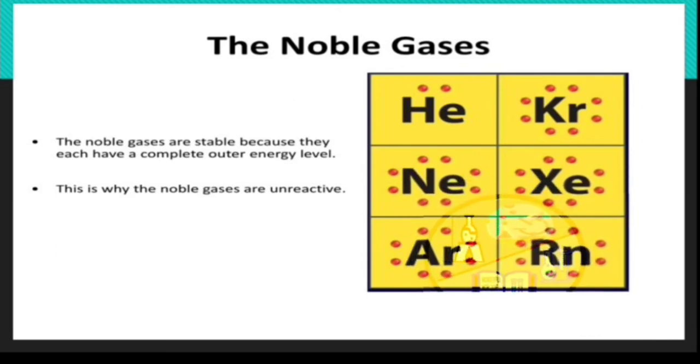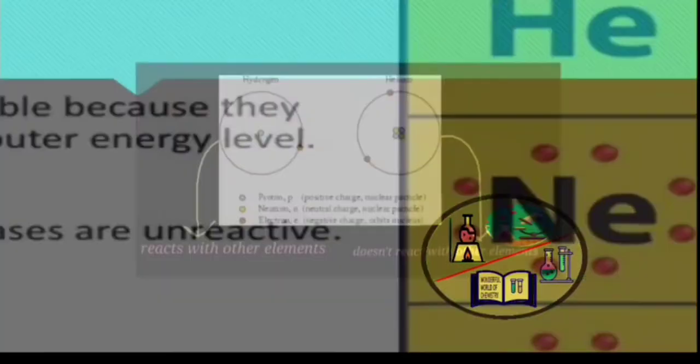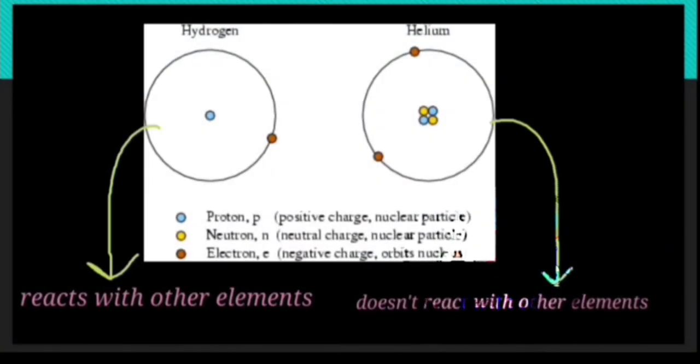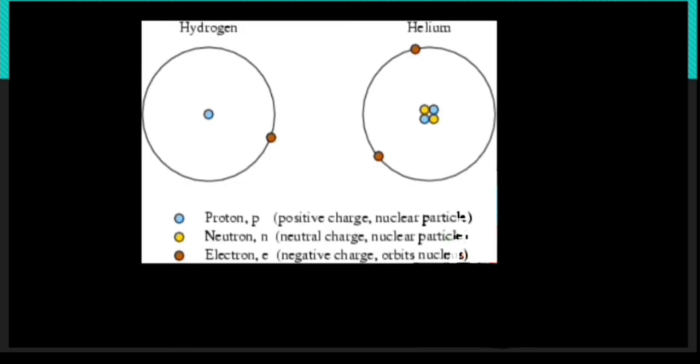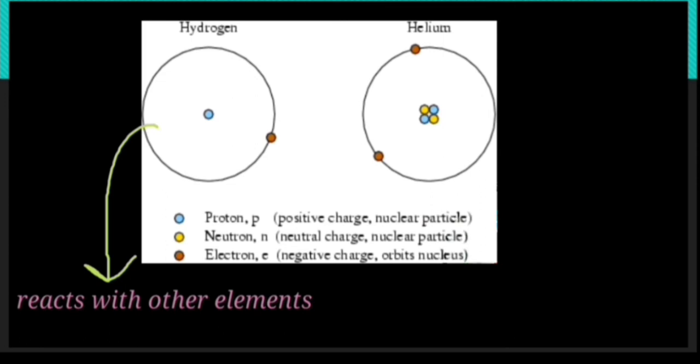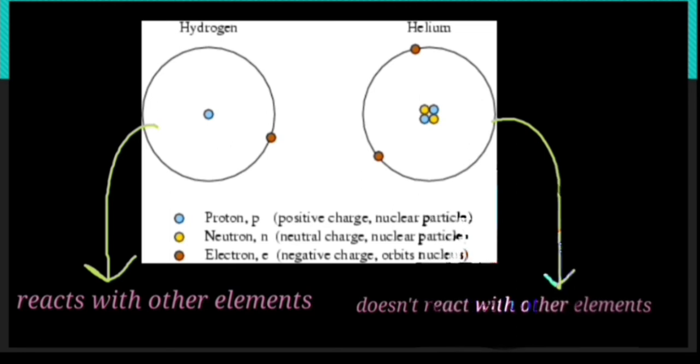This is why the noble gases are the happy atoms and are unreactive. Here you can see 2 atoms, hydrogen and helium respectively. Hydrogen, because it has 1 electron in its outermost shell, reacts with other elements, while helium doesn't.